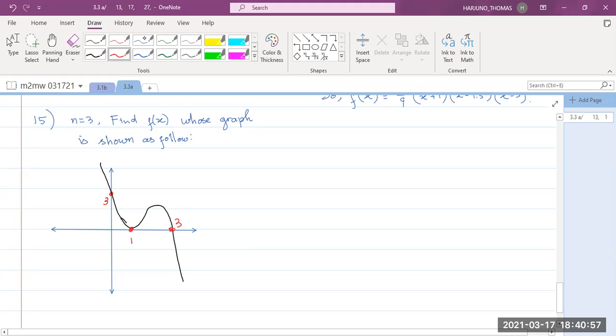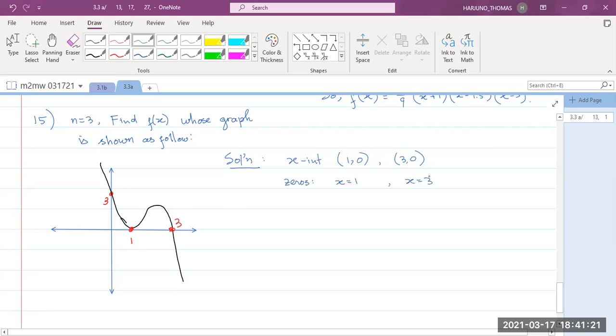So find the function. Solution: the x-intercepts from the graph are (1, 0) and (3, 0). So the zeros are x equals 1 and x equals 3.